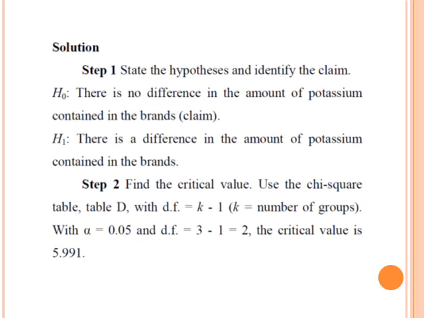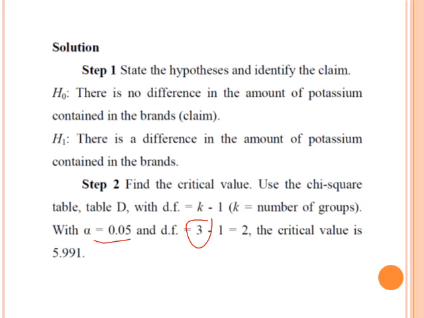How many groups do we have in this example? We have 3 brands, so 3 groups. So with alpha equal to 0.05, the degrees of freedom for the chi-square test equal 3 minus 1, the number of groups minus 1, which is 2.